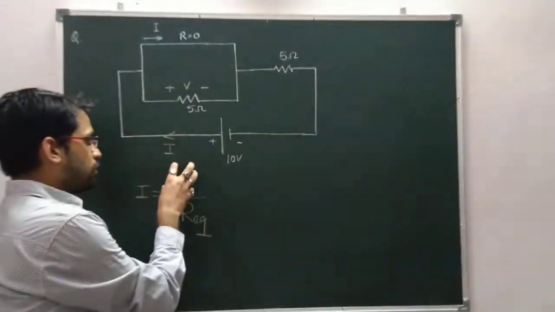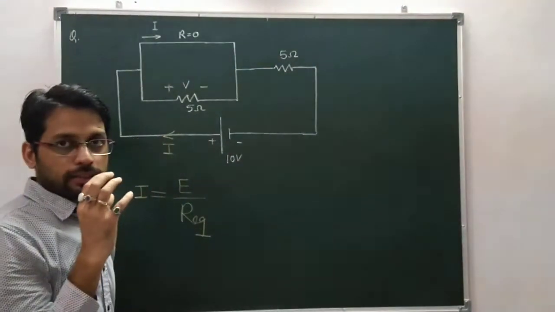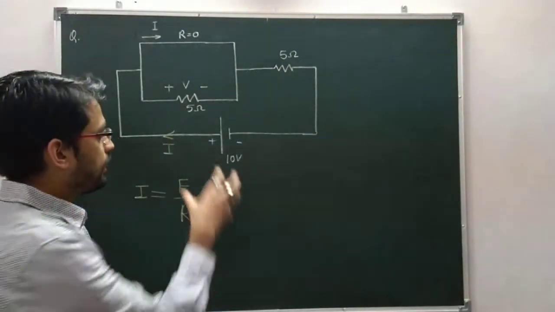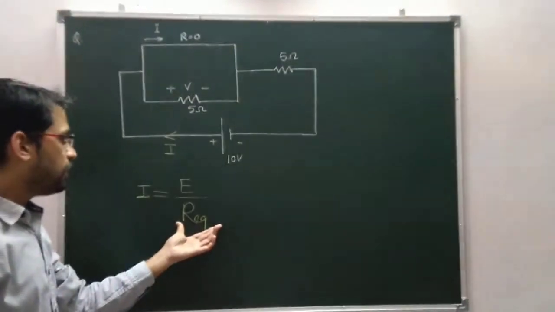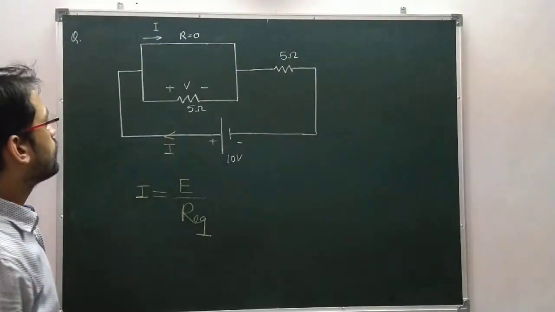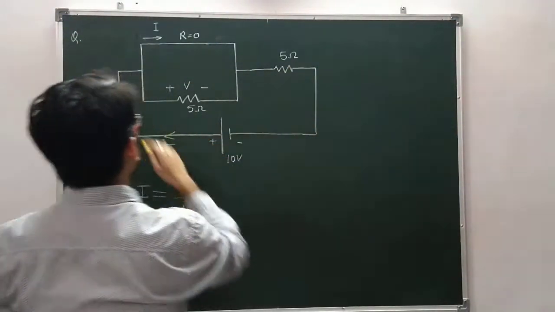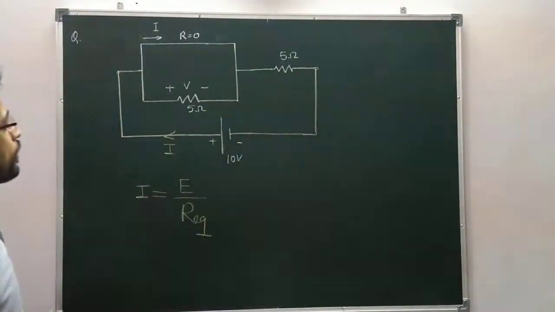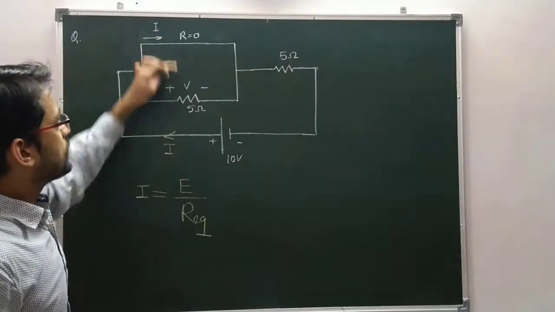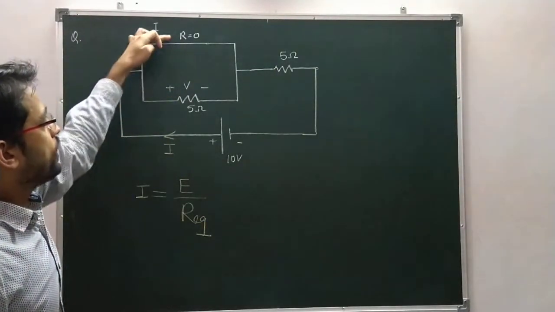The EMF of the source or cell connected in the circuit is 10 volt here, and what is the equivalent resistance of the circuit connected across the cell? What is the equivalent resistance across these two terminals? Now first find the equivalent resistance of these two parallel combination.